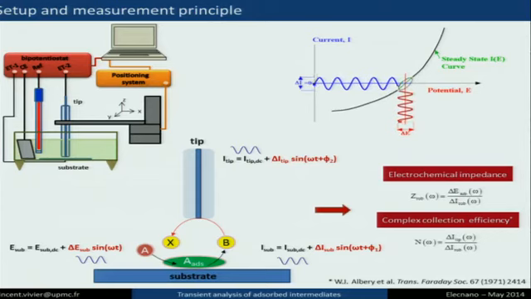a small sine wave perturbation at the substrate. So here we apply a sine wave perturbation, and we will measure the current at the substrate here. Doing this, we can generate the usual electrochemical impedance. If simultaneously we generate here a redox mediator, and we detect this redox mediator at the tip, we also have a sine wave response at the tip.